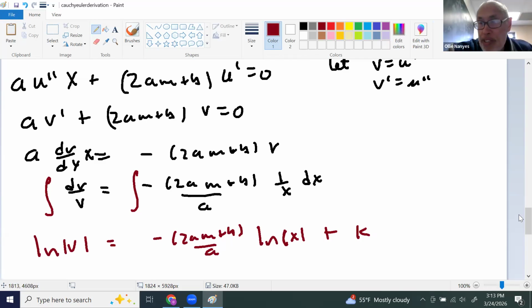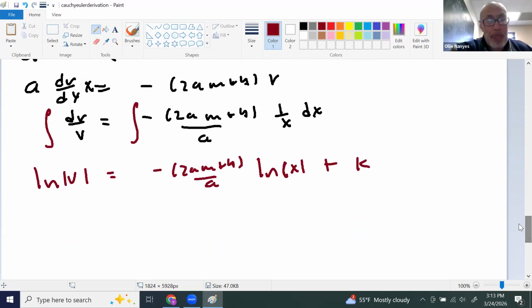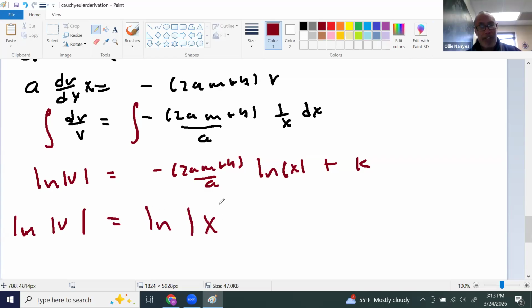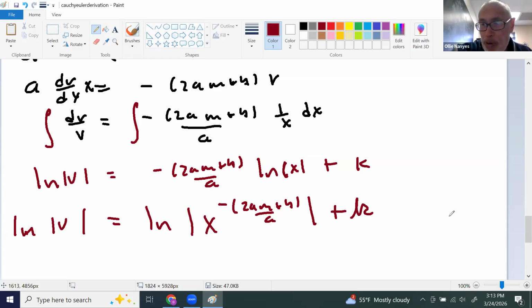Now, what we can do is we use the property of logs. So natural log of v is equal to natural log of x raised to this kind of weird power. It's not going to be that weird after all. Plus k.